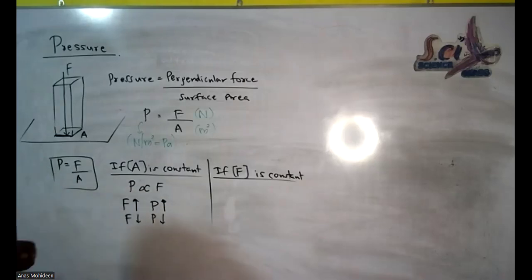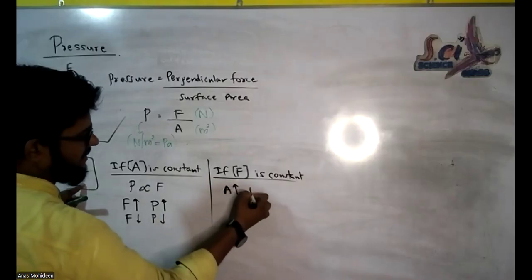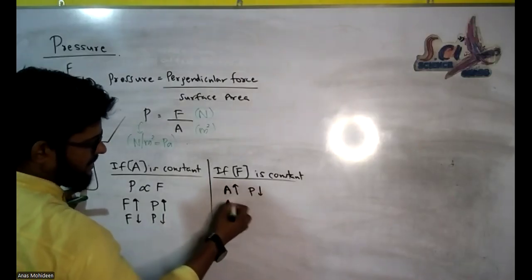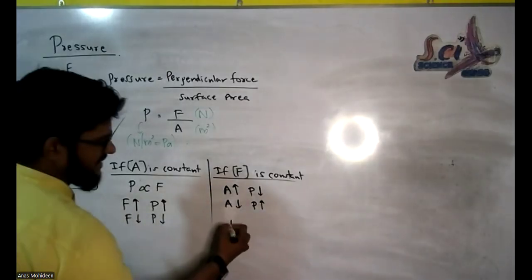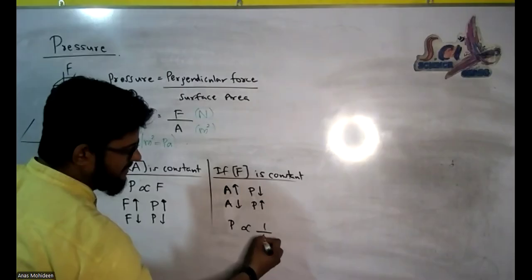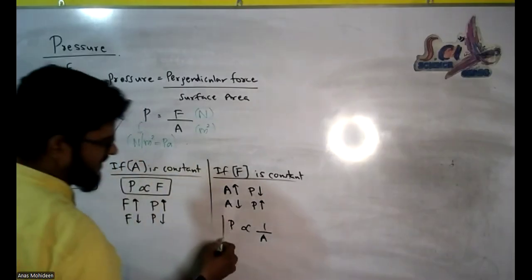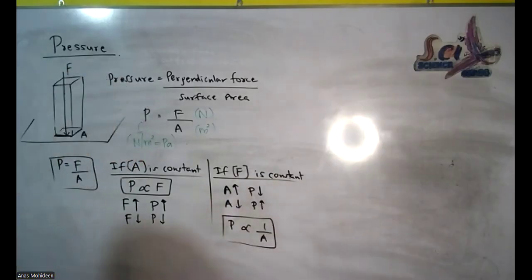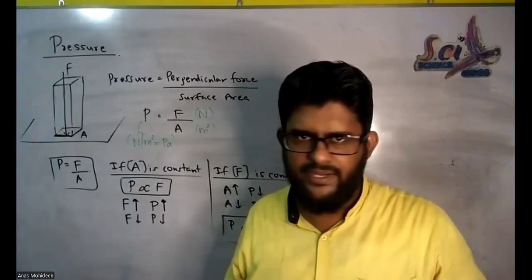Inverse proportion means that keeping the same force, you increase the area, pressure decreases. You decrease the area, pressure increases. Here we took direct proportion, here we take inverse proportion. So this is the proportionality between the factors, and according to our requirement, we change one factor in order to either increase or decrease the pressure.